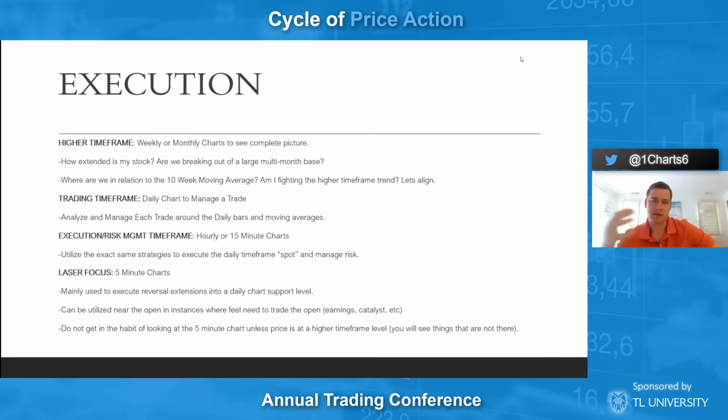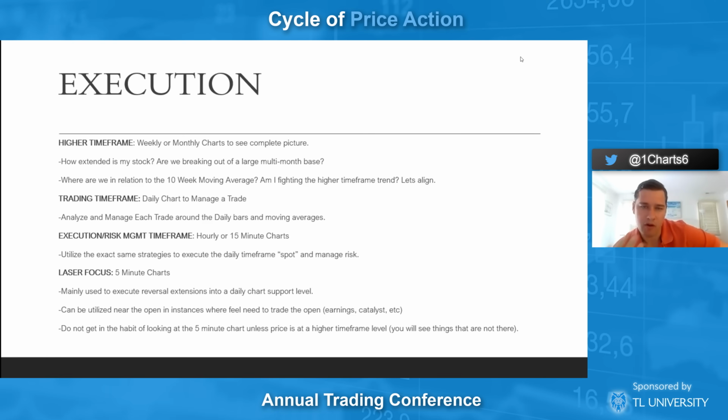How extended is the stock, or has it been in a multi-month base and we're potentially just starting a move? Where are we in relation to the 10-week moving average is key for me. Ideally, I want to be getting involved in bases that are just getting going, out of a 10-week or out of a weekly base, and the 10-week moving average can be a great way to judge that.